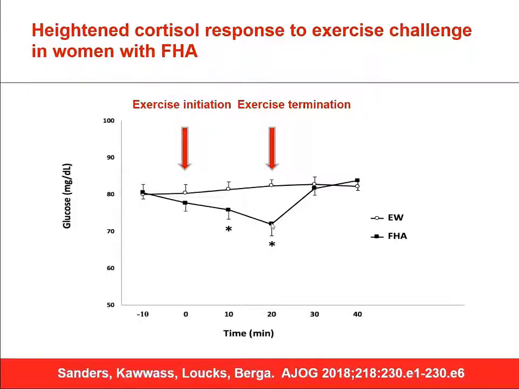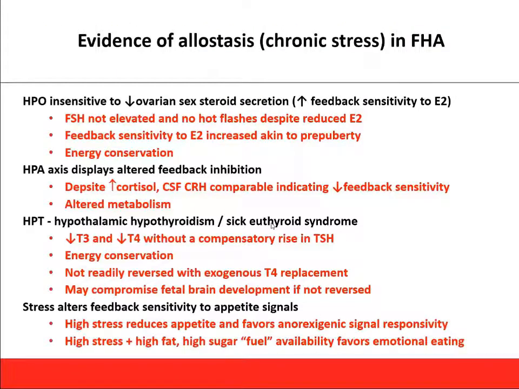We've been talking about this in women, but we know that the same can occur in men. So what do we call this? We call this allostasis. What that means is the hypothalamus knows that the estradiol level is low, but makes an executive decision that it's going to conserve energy by not increasing gonadotropins and not trying to get the ovaries to ovulate.